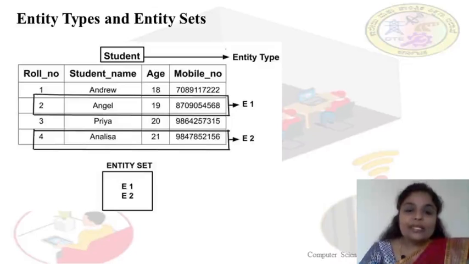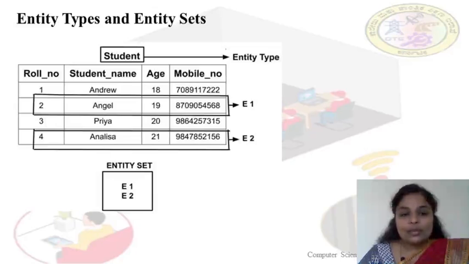I'll just explain with this table. Assume that it's a student table. We're not focusing on the database, we're just looking at the table student. The student table has roll number, student name, age and mobile number. Row 1 says 1 Andrew 18 mobile number.